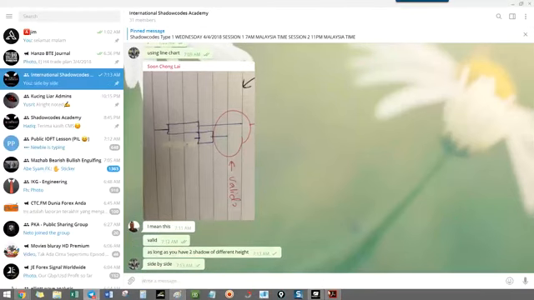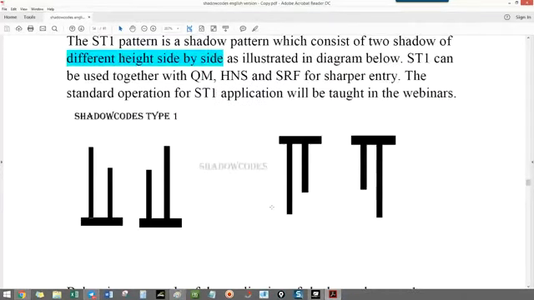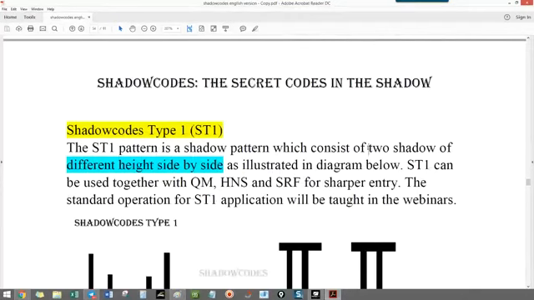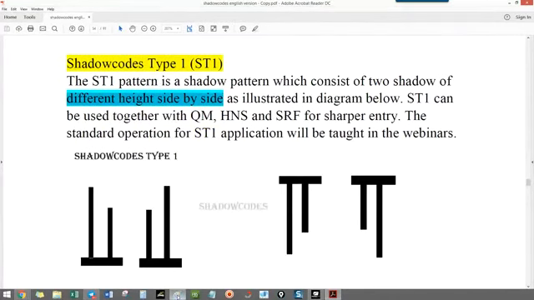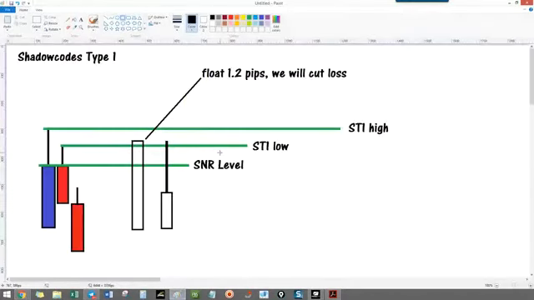Look at the description. It must have two shadows of different height side by side. It must be side by side, which means it cannot be like this.